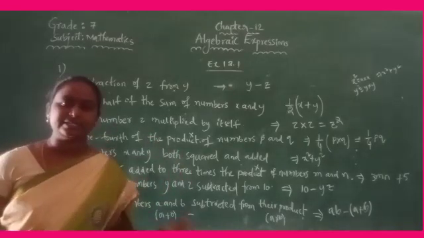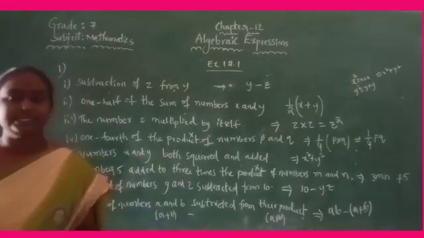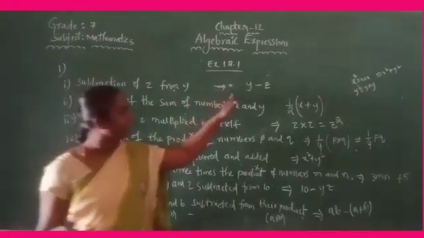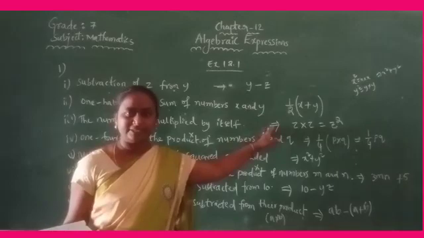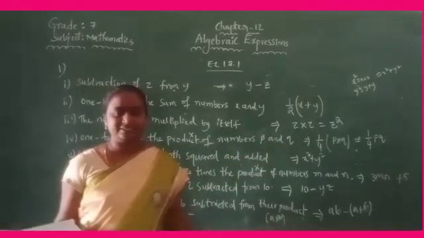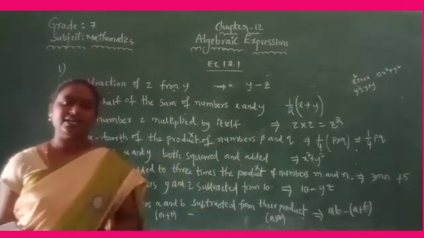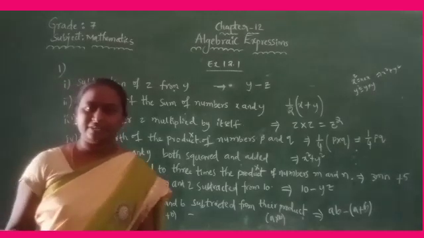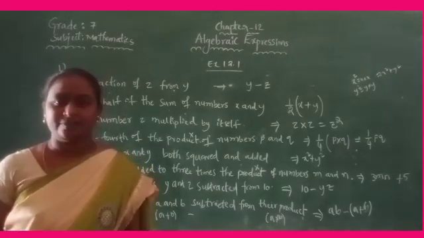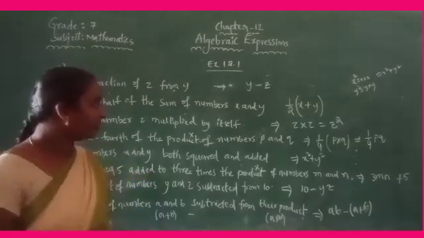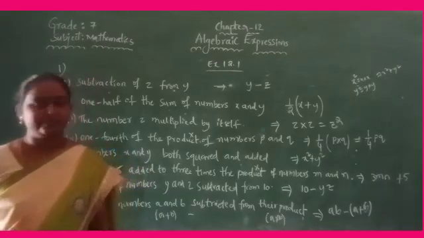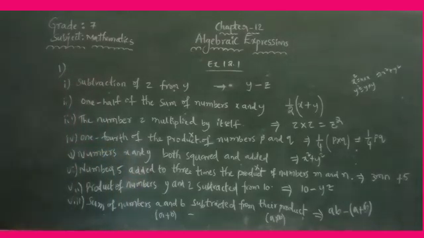The algebraic expression compulsorily contains the variables, arithmetic operations and constants. So you should remember, an algebraic expression contains constants, variables and arithmetic operations. All these combinations form the algebraic expression. Okay children, so copy that.